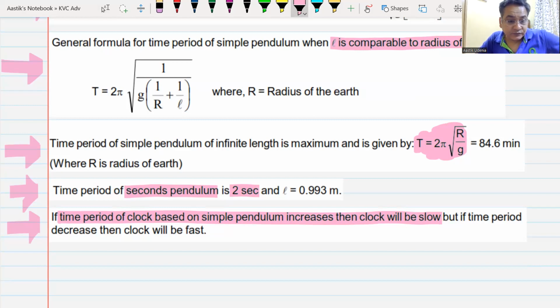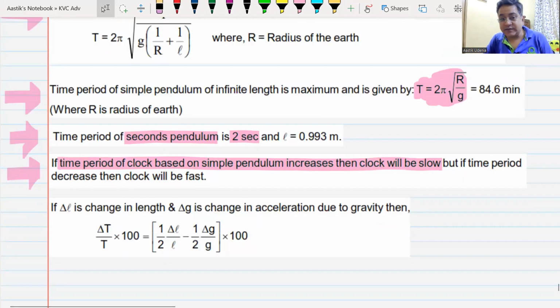Now, you can find out how much will be the change in time period, and this is a very, very important question for your JEE, because this question has come many times. You can do it by error and measurement. Time period is proportional to root over L by g. So if you increase length, time period increases. If you decrease gravity, time period decreases, and you can find out the percentage change.